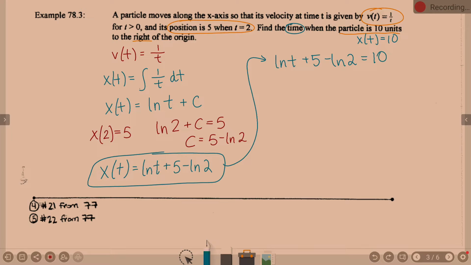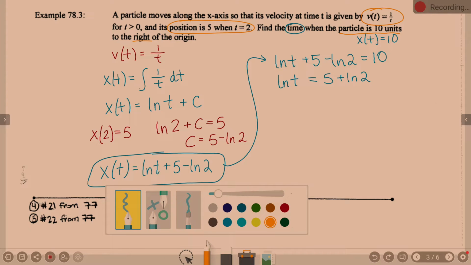Want to get that variable by itself? So we're going to start by getting natural log of t by itself. I already have 10. If I subtract the 5 over, that puts me at 5. If I add natural log of 2 over, are we okay with 5 plus natural log of 2? Okay, where's the algebra 2, Ethan, at?